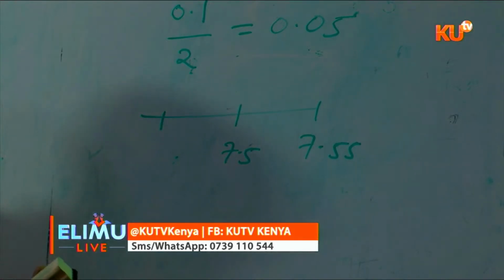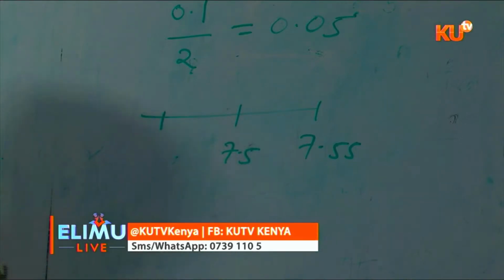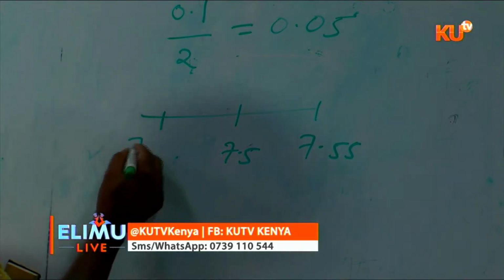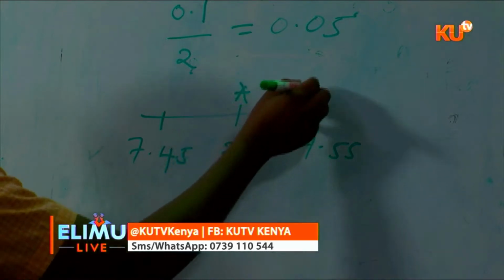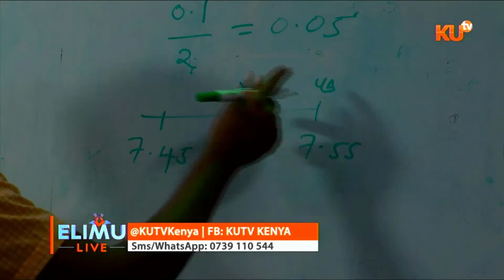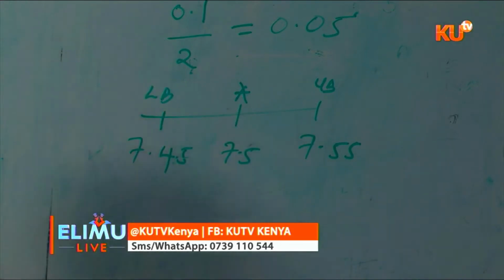It will be 7.45. So this is the actual number, the upper bound, and the lower bound of that number.